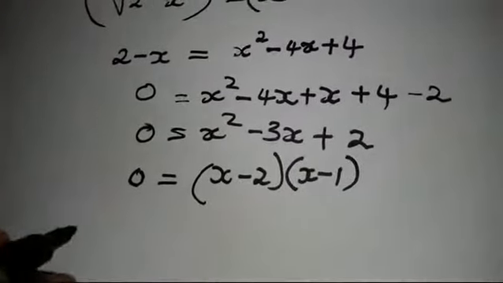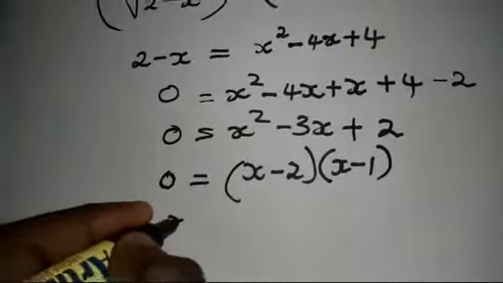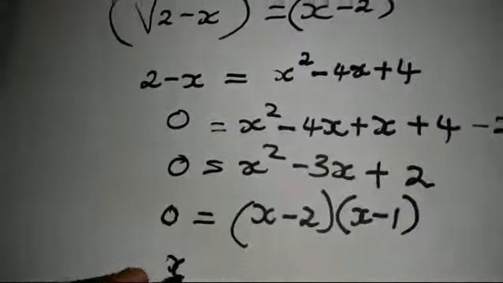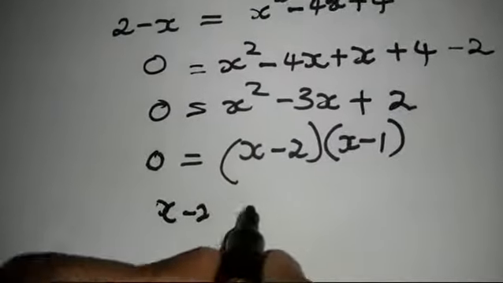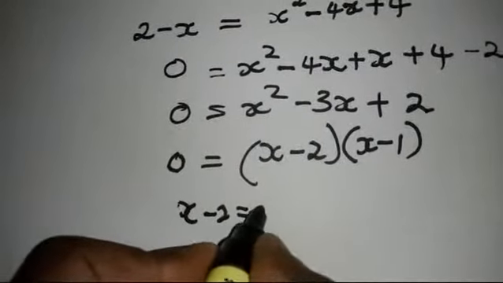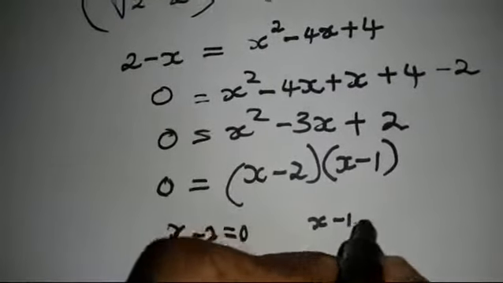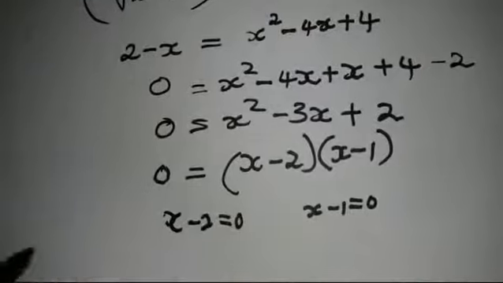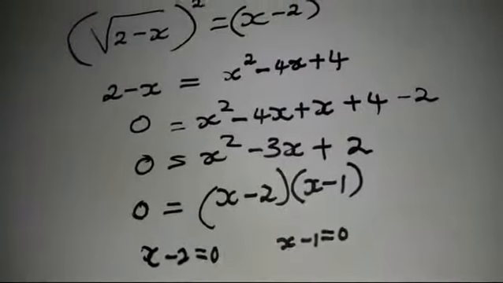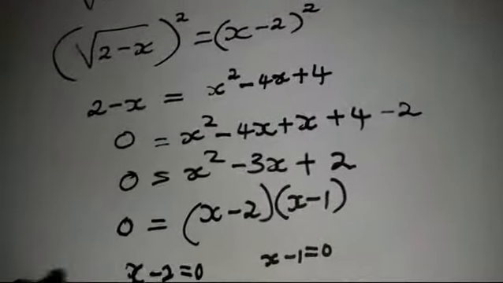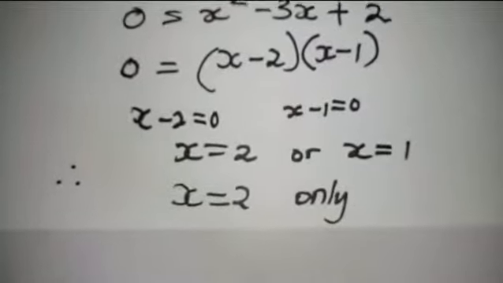Then you separate these two brackets, and x minus 1 is equal to 0. As you can see, we get two solutions: x is equal to 2 or x is equal to 1.